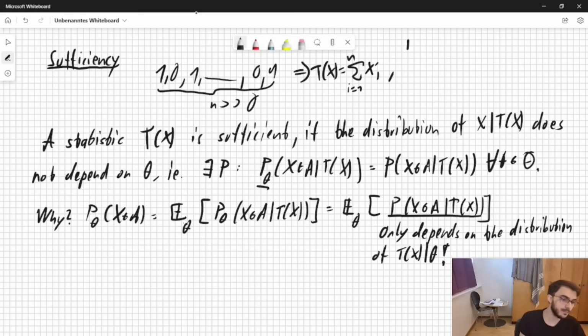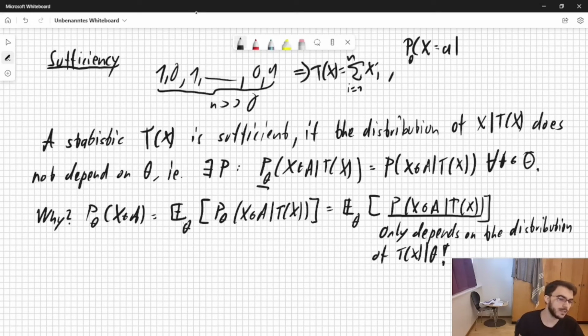Why? Because the probability that X is equal to some a, we have a discrete distribution, so we can summarize this to some small a, and then everything in the set is just the sum of all of these probabilities. So the coin is tossed with probability theta, that's what I mean when I denote theta.